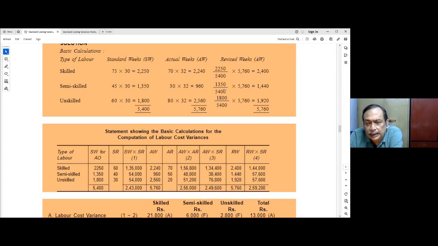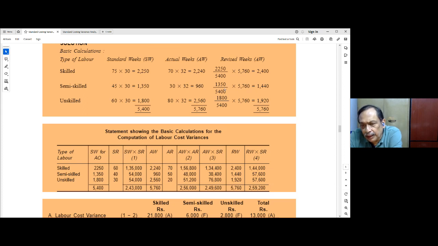That is AW into SR, let it be 3. That is 1,34,400. Then 38,400. 76,800. Total comes to 2,49,600. And revised weeks, we have calculated as RW.